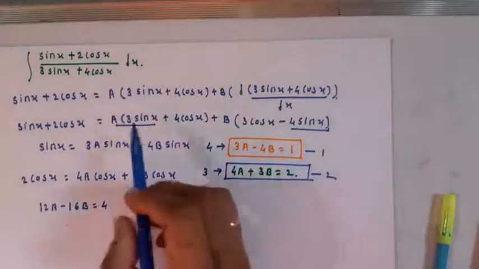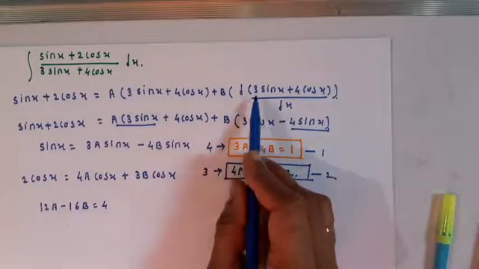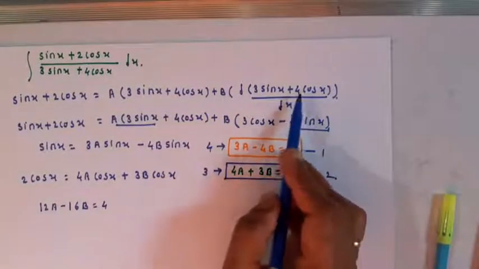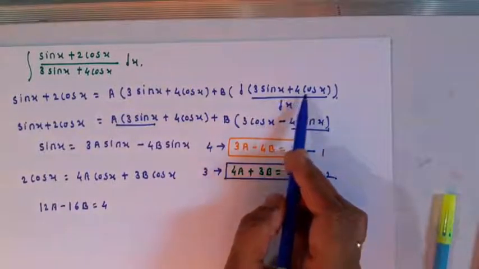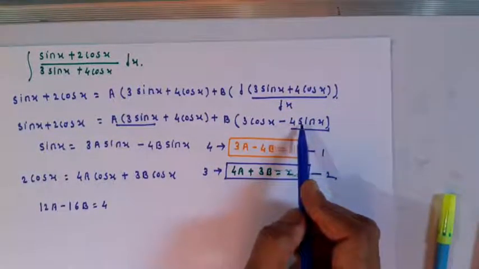Now here a into the denominator plus b into the derivative of the denominator: the derivative of 3 sin x is 3 cos x, minus, the differentiation of cos x is minus sin x, that is minus 4 into sin x.